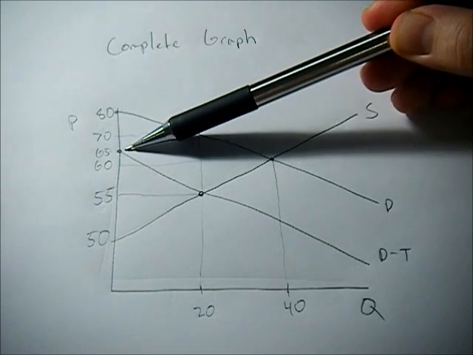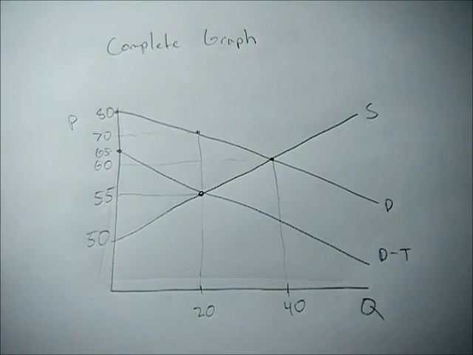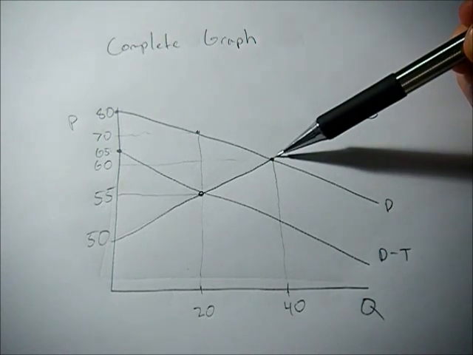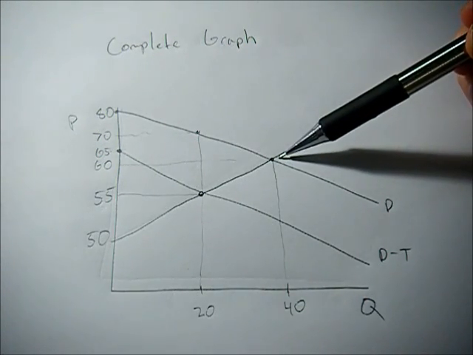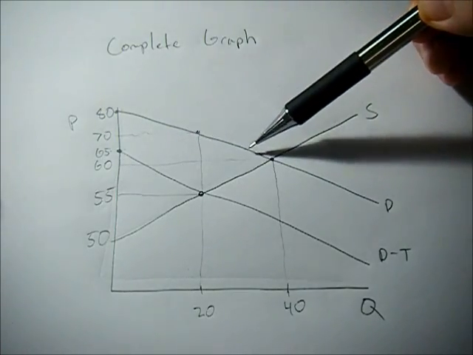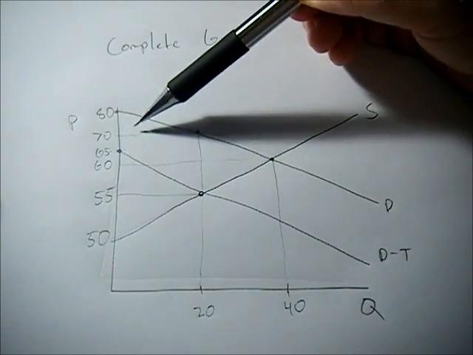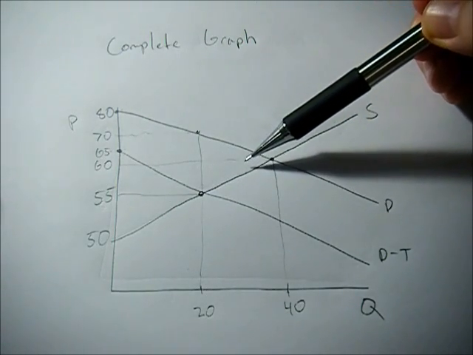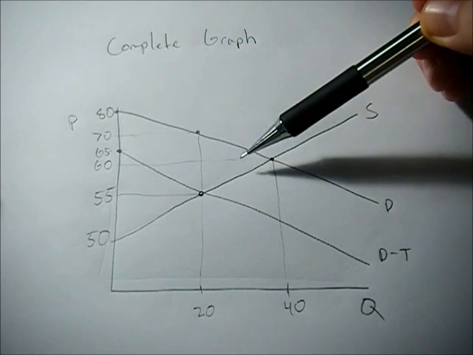Demand curve with the tax intersects at 65. So what's going on here is that this is our equilibrium before the tax. So the area above the price and below the demand curve is our consumer surplus. The area below the price but above the supply curve is our producer surplus.